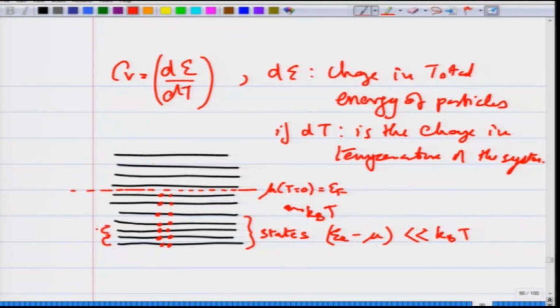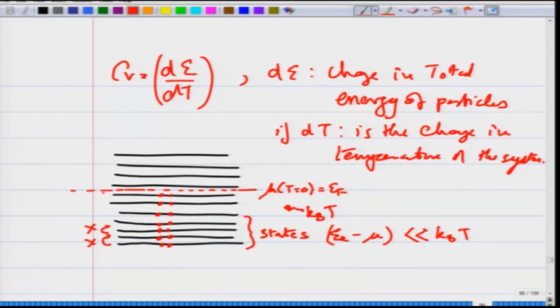Finally, if you change the temperature, to change the total energy, you have to cause some excitation. They have to go to higher energy states, but these excitations for the states which are very far away from the Fermi energy or deep inside the system away from the Fermi energy, these states are completely occupied. You cannot cause any excitation for these states.